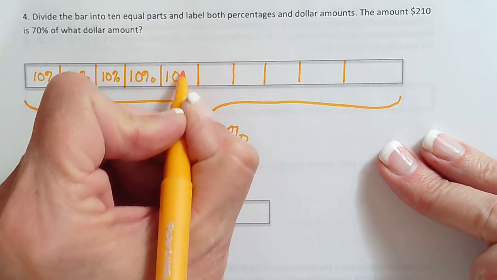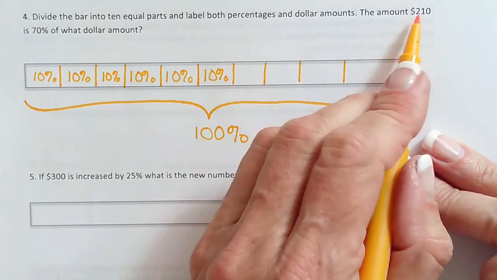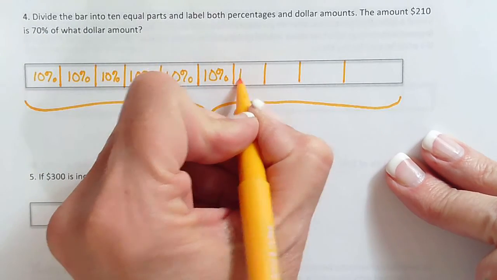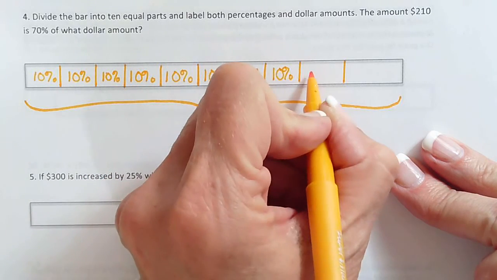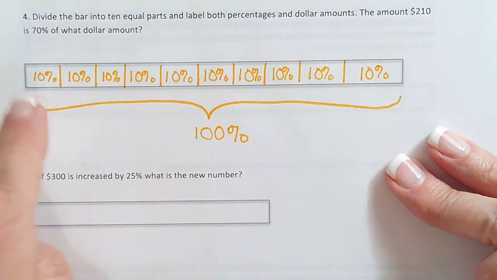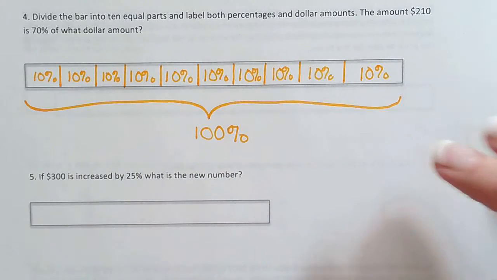I think it's just because they don't read carefully. Because it says 210 is 70%. So think about that. 210 is 70%. So here we have 10, 20, 30, 40, 50, 60, 70, 80, 90, 100.